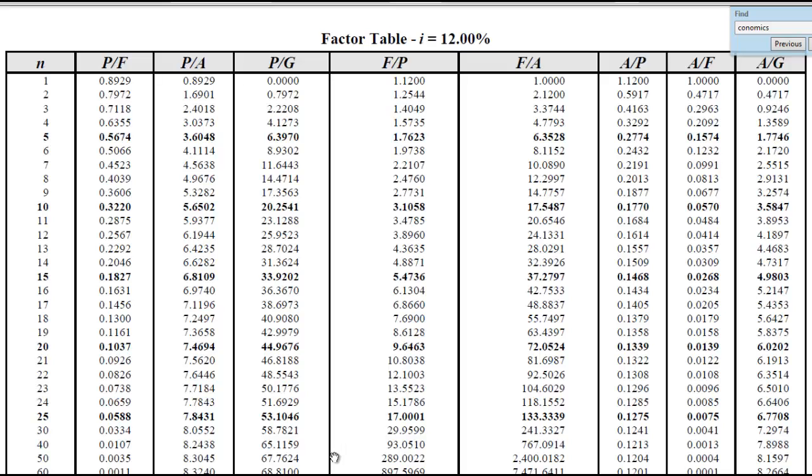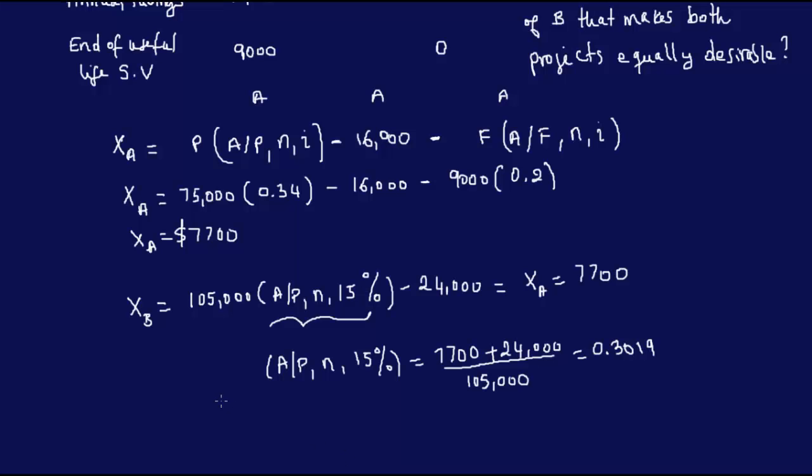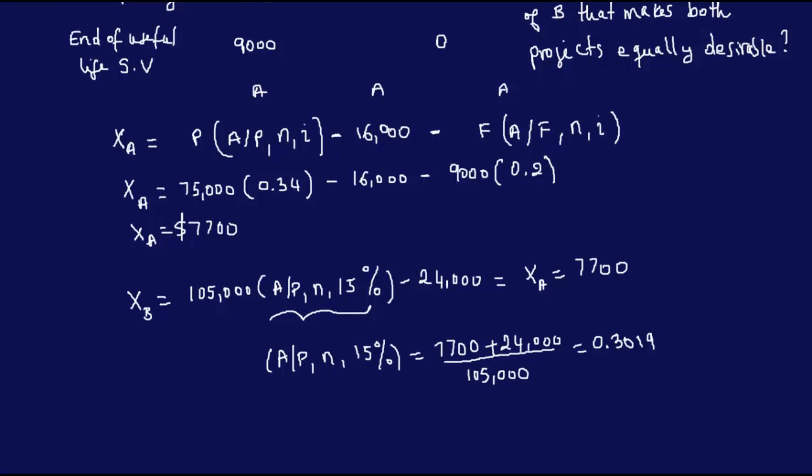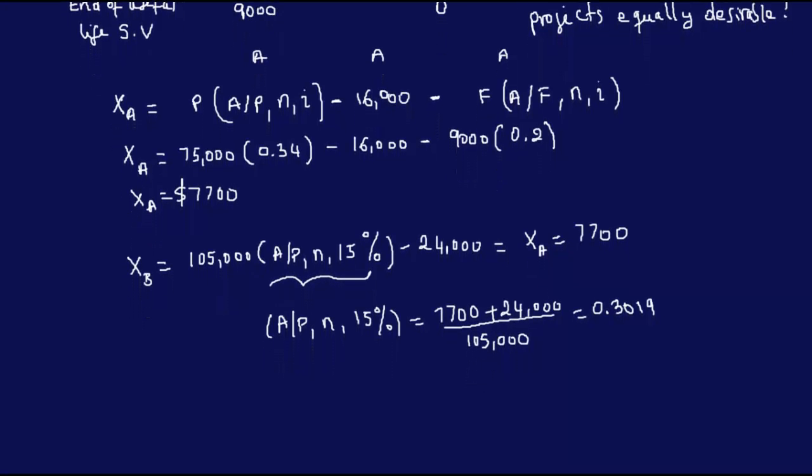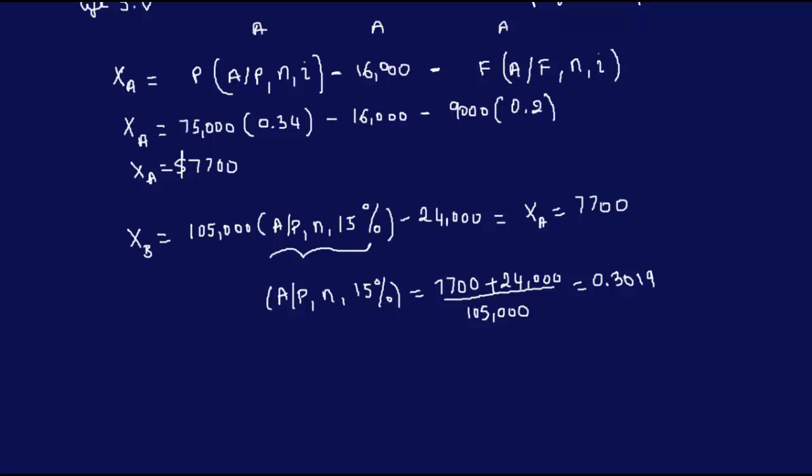Let me write that down so you can see the approximation game that I'm about to play here. Again, if you want the exact result, you use linear interpolation. So for 12%, we have at 4 years 0.3292.